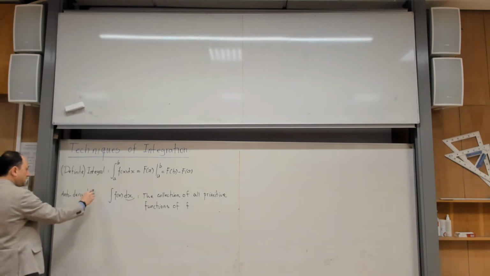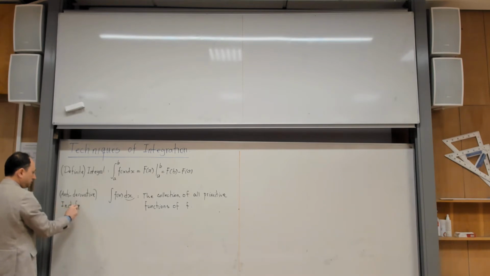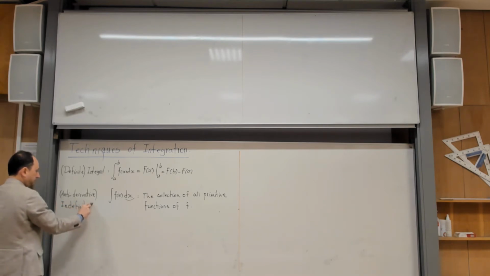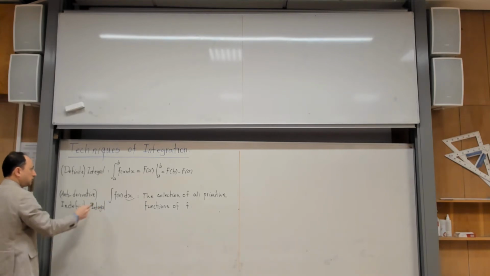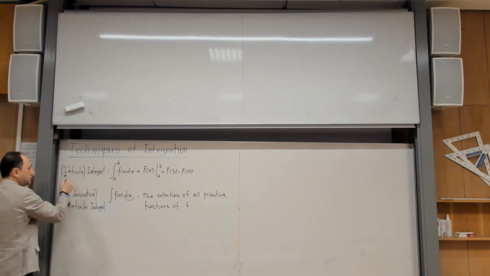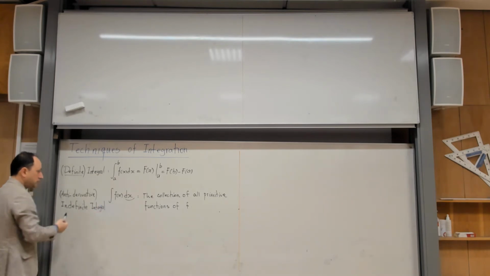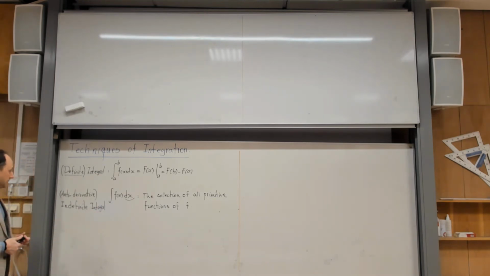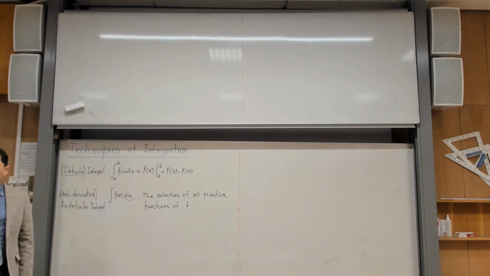So some people call it antiderivatives, or I would say that it's an indefinite integral. So let us stick to this convention that we can call both of them integrals, but one of them with limits is called a definite integral. The other one without limits is called an indefinite integral. An indefinite integral is what we have called so far a primitive function. So it's nothing, just a simple notation.